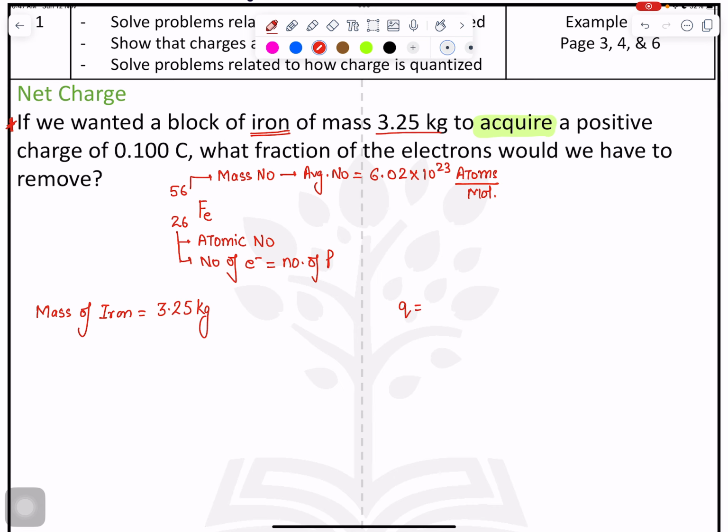Q is 0.100 coulomb. What fraction of electrons would we have to remove? It means we need to solve it by dividing.